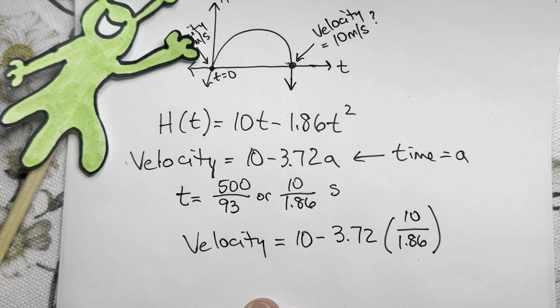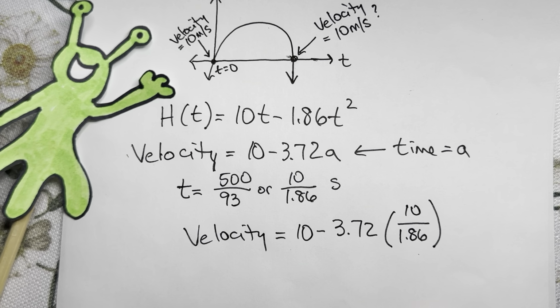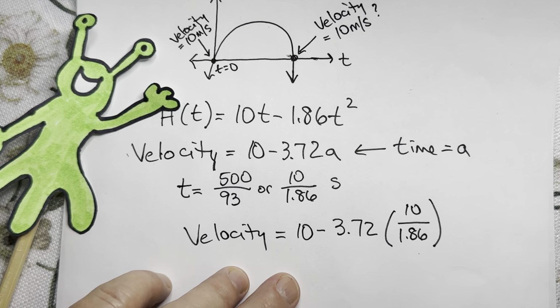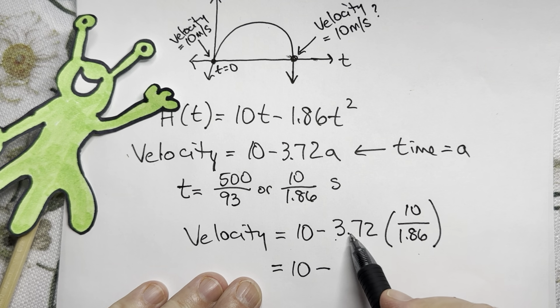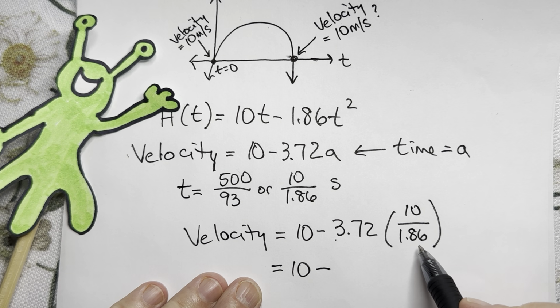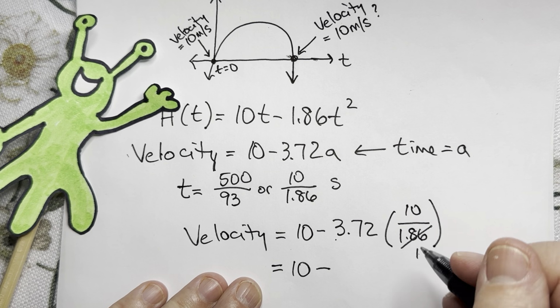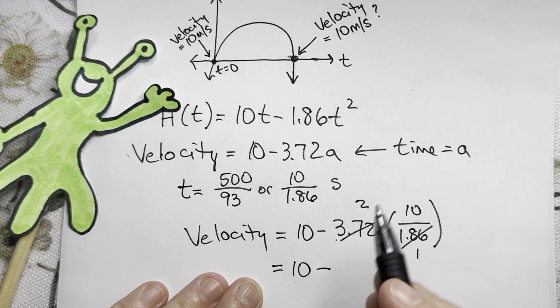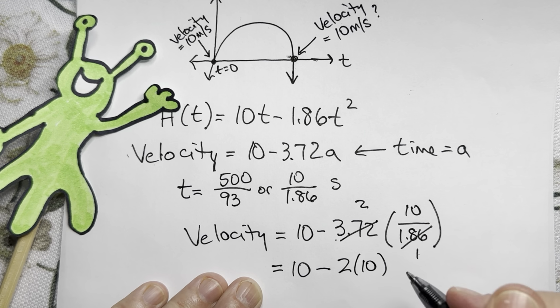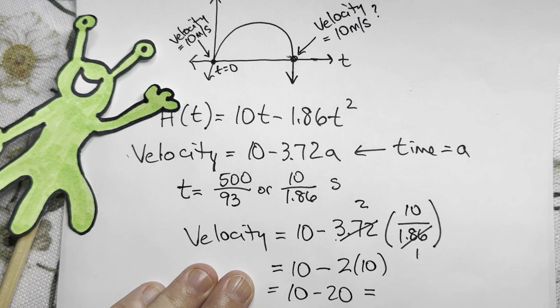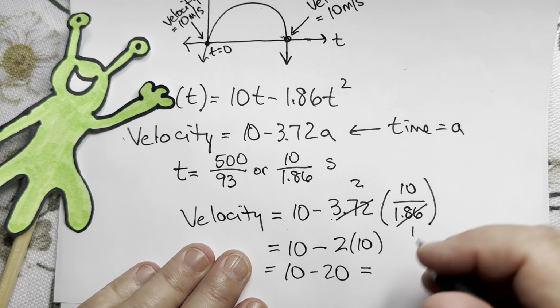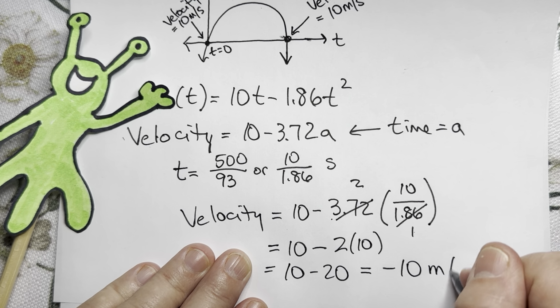You ready for the magic trick? I'm very proud. I'm very excited. Our friend, the Martian, is very excited. Okay, so this is 10 minus. Now, 3.72 is 2 times 1.86, so let's cancel this. So we get minus 2 times 10. Everyone's like, oh no, this isn't going to work out. And I'm going to say 10 minus 20 equals negative 10 meters per second.